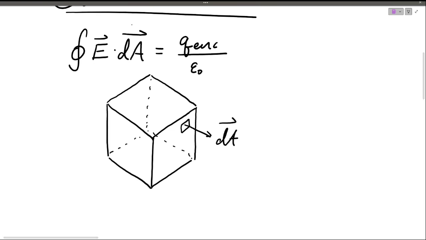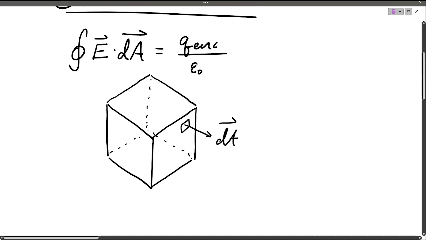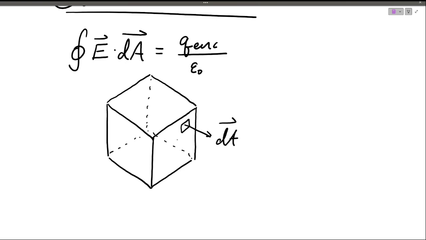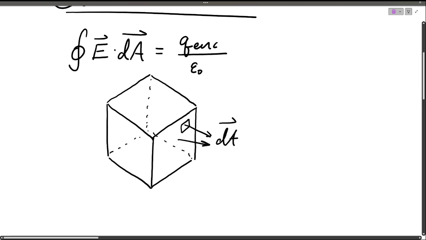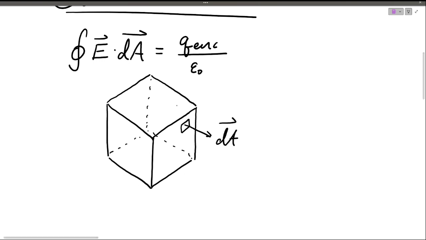So this expression here, E dot dA, if you remember, the dot product is kind of measuring how parallel two things are. So what we're really doing is we're looking at how much does the E field point outwards at the boundary of our cube. And since we're doing an integral across this entire surface, we're saying when you add up all the E field around the surface of this cube, how much does it point outwards?